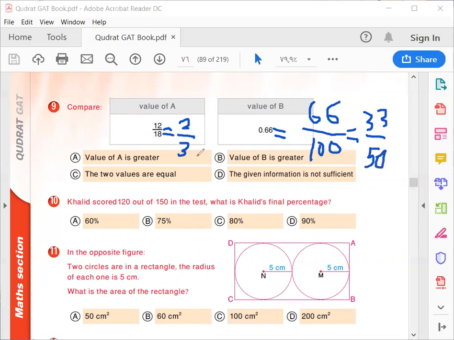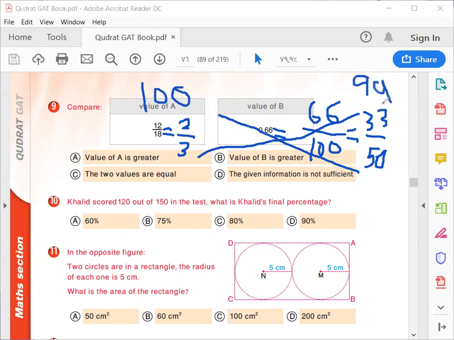You can now find the result by cross. 50 times 2 equals 100, and 3 times 33, it is 99. So what is the greatest one? So the value of A is greater than value of B. You see? Right.